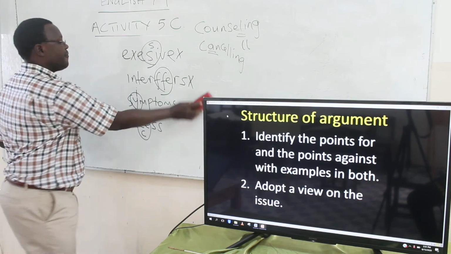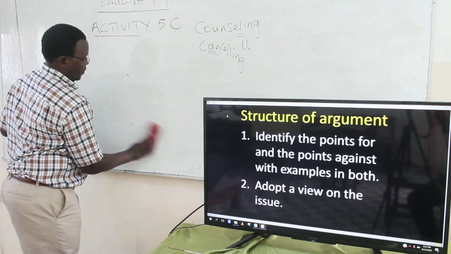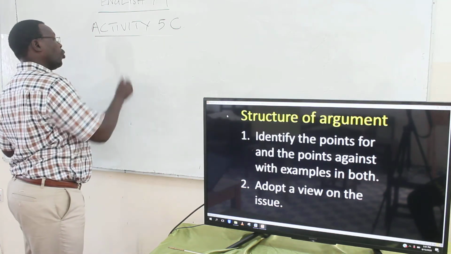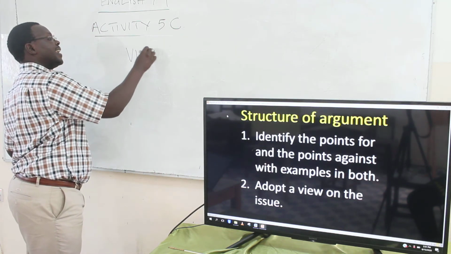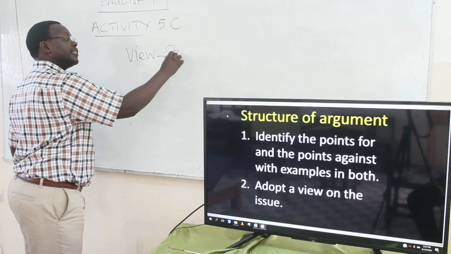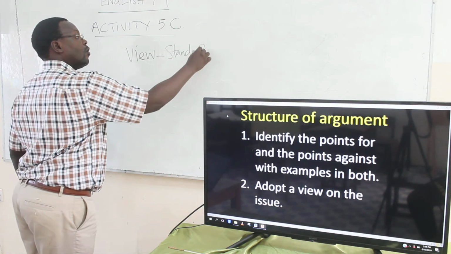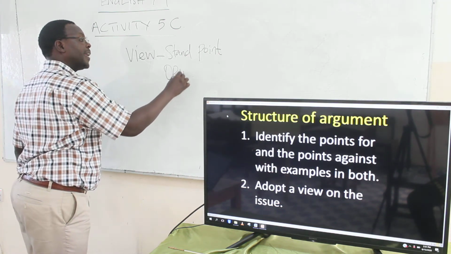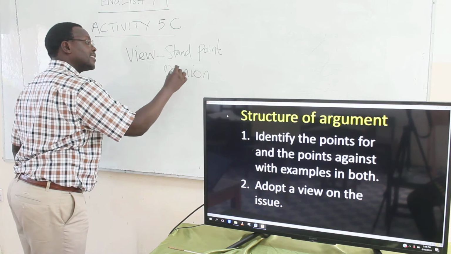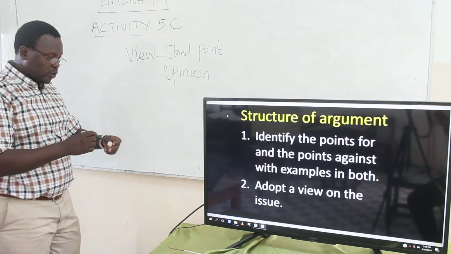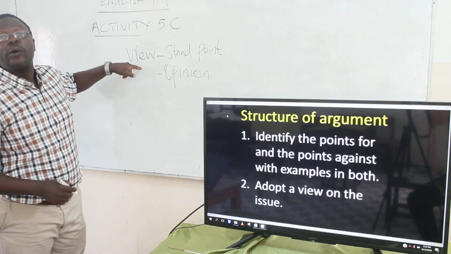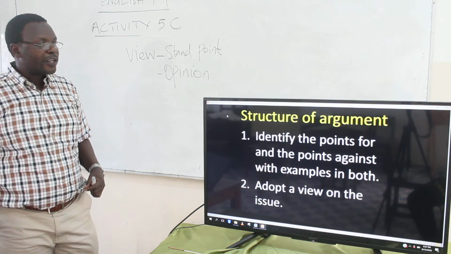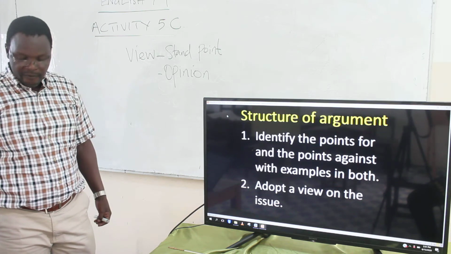When I say a view, view in that case means your standpoint or your opinion. What is your opinion? What is your standpoint? What is your view about what you are writing or what you're making an argument for?